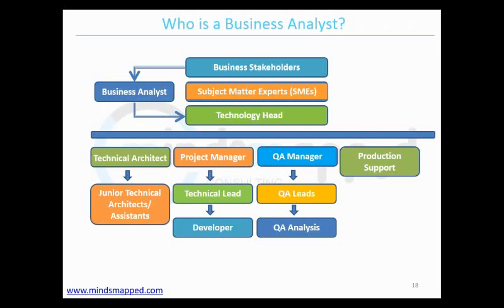Here the point is that it depends where the business analyst sits. First of all, where he belongs. If he belongs to the business, he will sit with the business. If he is an IT business analyst, he will be sitting with the IT organization. It is also possible that you have two business analysts working together, one from the point of view of the business and one from IT.